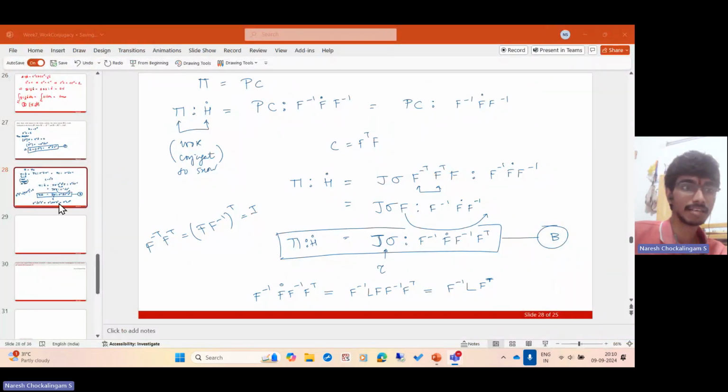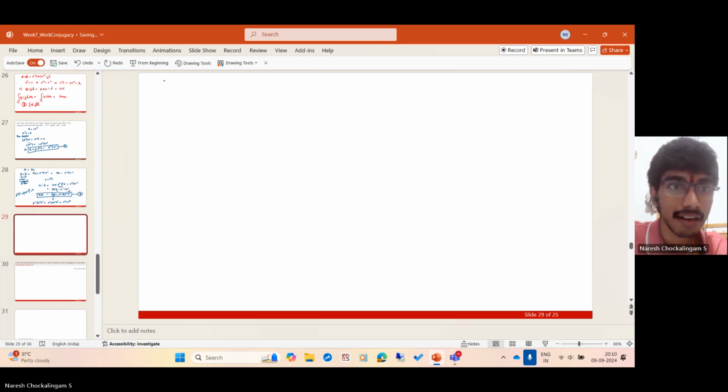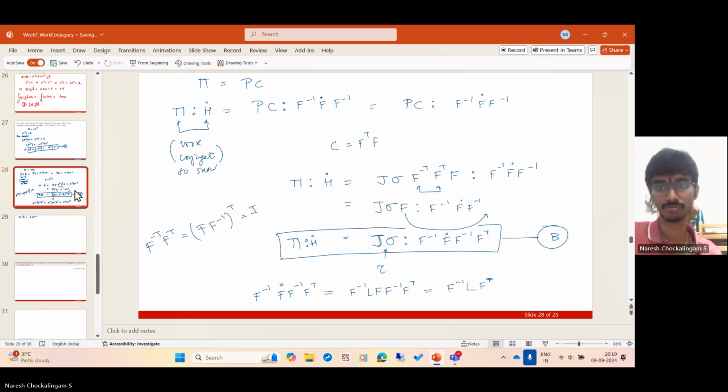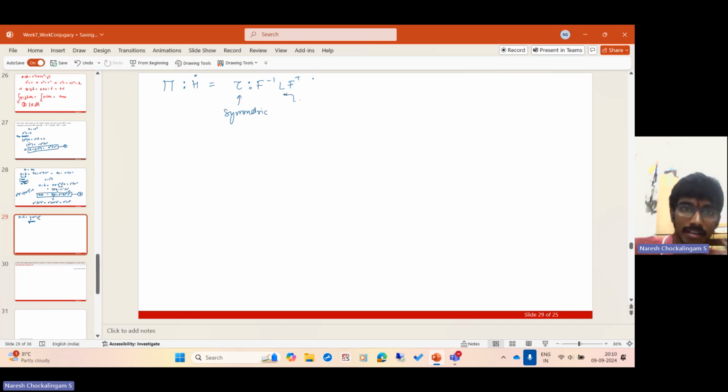We have something like pi contracted with H dot, which is tau contracted with F inverse L F transpose. So this is a symmetric tensor. This one we can't tell anything; it is neither symmetric nor antisymmetric right now.